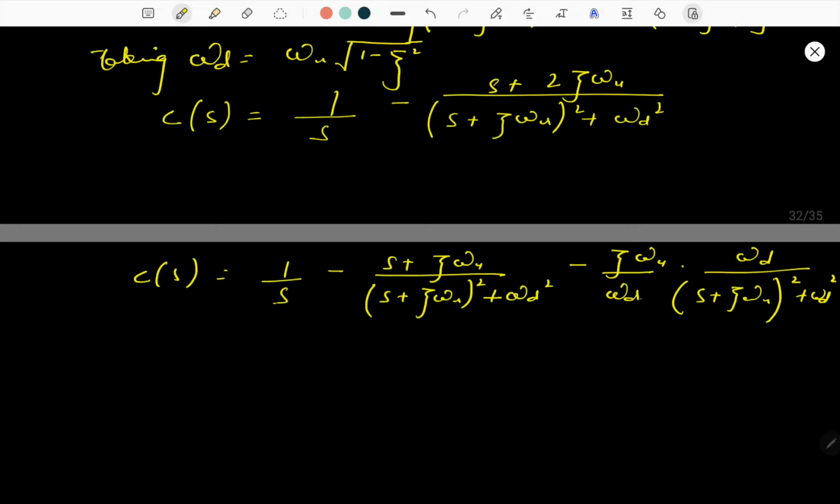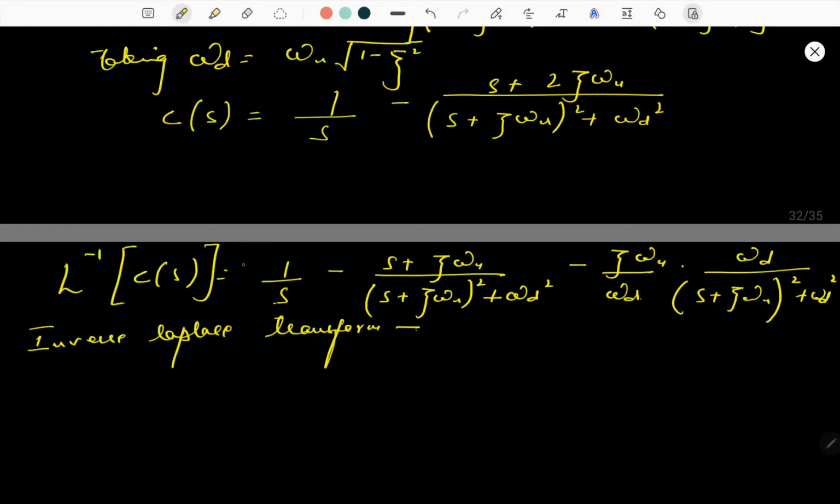All right, we are just going to take the inverse Laplace transform on both sides. I am adding the Laplace inverse of this whole equation. What will we get if we take the Laplace inverse of C(s)?